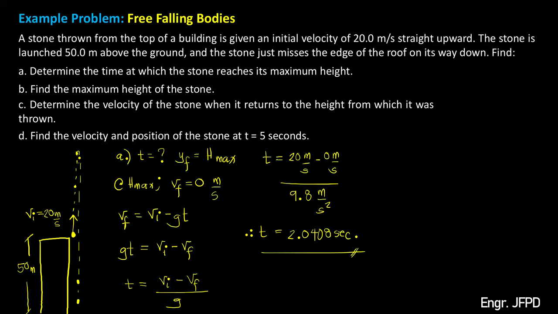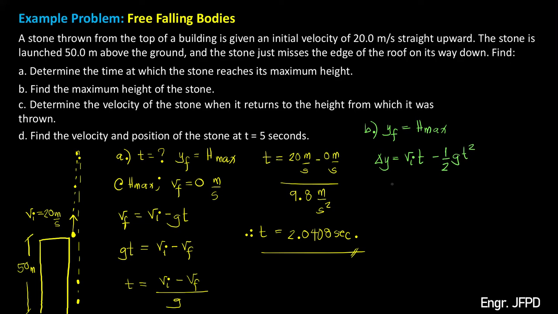Then, for our letter B problem, we want to solve for the maximum height of the stone. That means this is a final position, wherein this final position represents the maximum height that the stone can reach. We can apply the formula delta y is equal to Vi t minus 1 half g t squared.